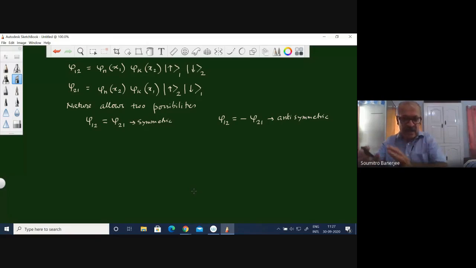I'll have to illustrate that in much more detail, so I will go step by step. This contains two parts, the spatial part and the spin part. So let us separate them out and let us consider each one separately first. First, the spatial part. So first we consider the spatial wave function.